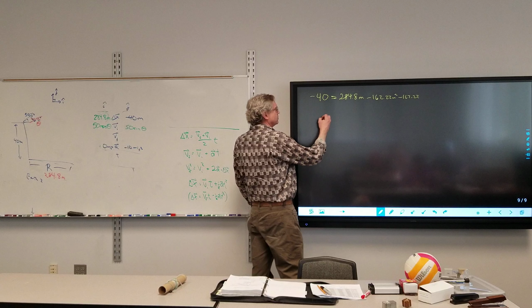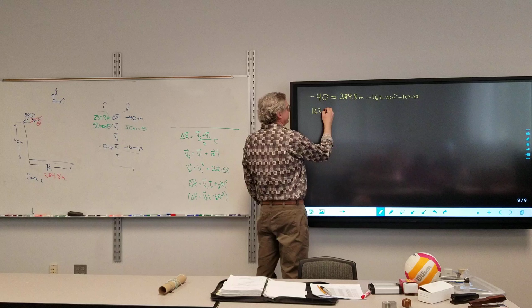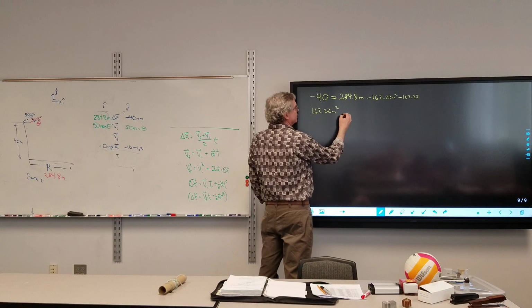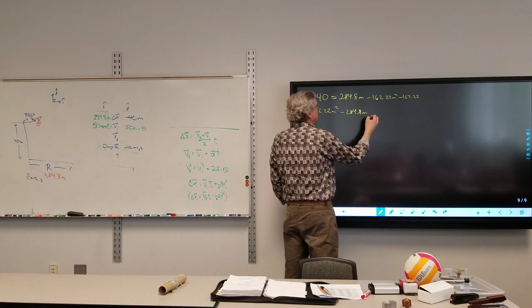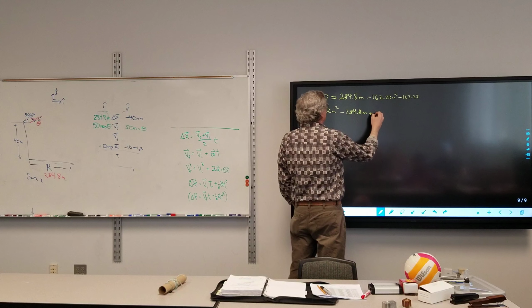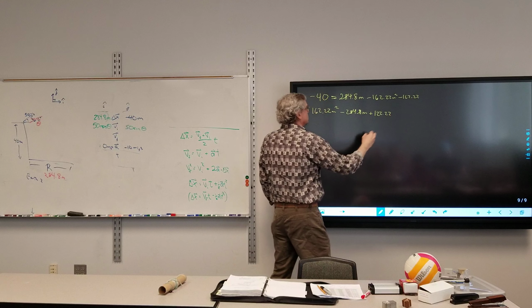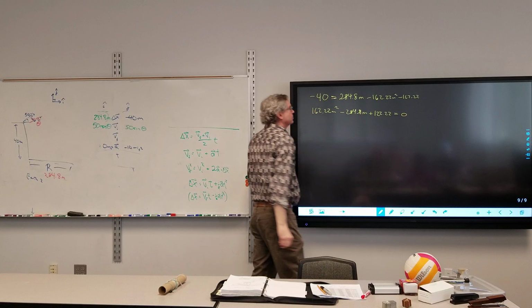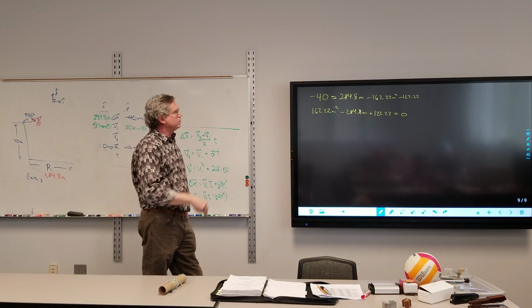So, getting everything over onto the left side, 162.22 m squared minus 284.8 m plus 122.22, adding and subtracting 40.